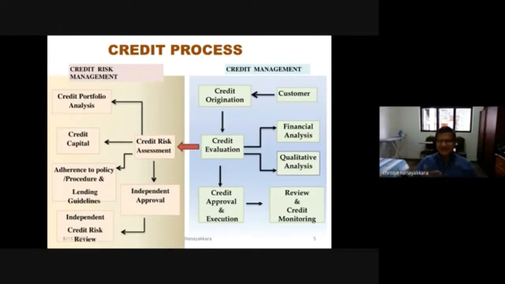They will evaluate the bank's position, strengths and weaknesses, and give a rating. These ratings start from AAA, AA, A, then triple B, double B, single B, and C. C is what we also call a non-investment category.